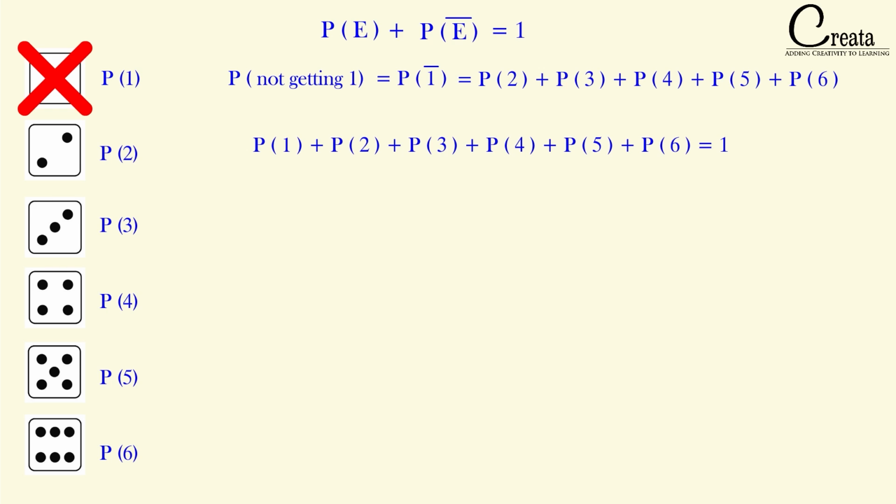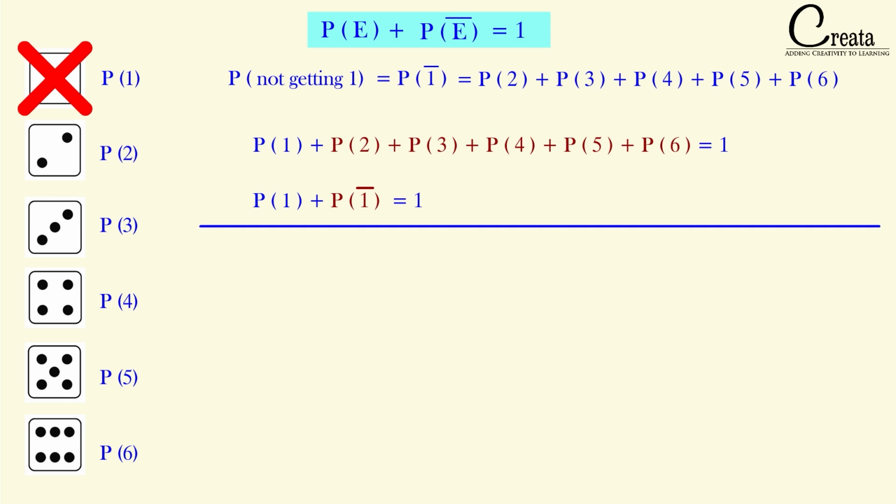Can we replace all these 5 terms with probability 1 bar? We can write P1 plus P1 bar is equal to 1. That is addition of P(E) plus P(E bar) is equal to 1. Again we have reached the same conclusion, that is P(E) plus P(E bar) is equal to 1. Let's try to connect this with the help of the numbers.